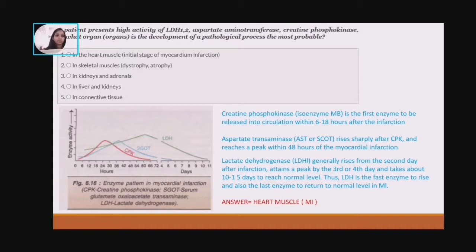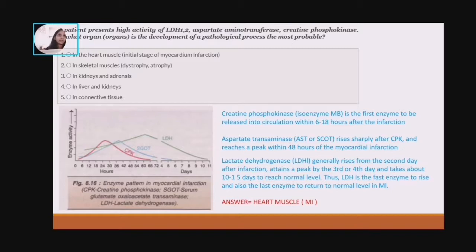Secondly, always keep this graph in mind, because the figure shows the enzyme pattern in myocardial infarction. Whenever myocardial infarction happens, certain enzymes increase in our body. The first enzyme to rise is creatine phosphokinase, which has different isoenzyme forms, but not as many as LDH.